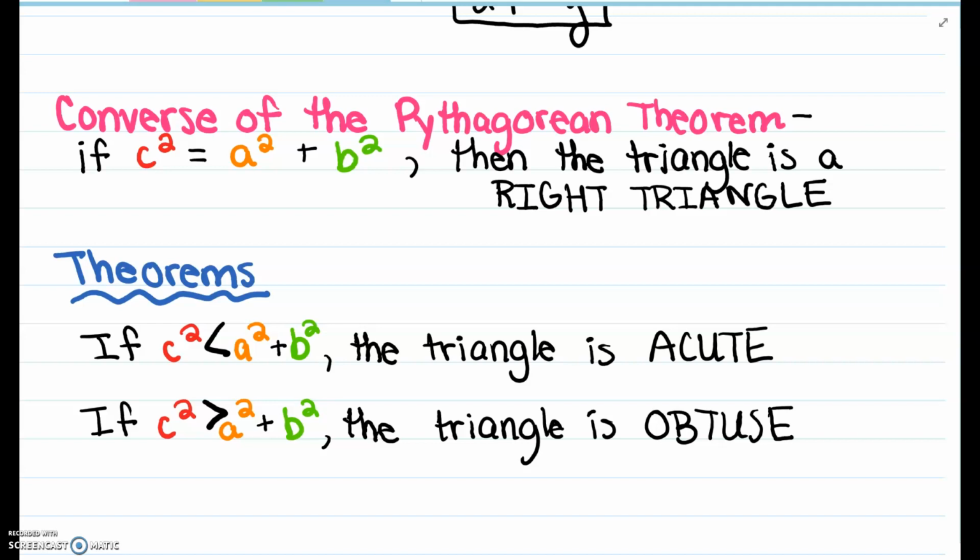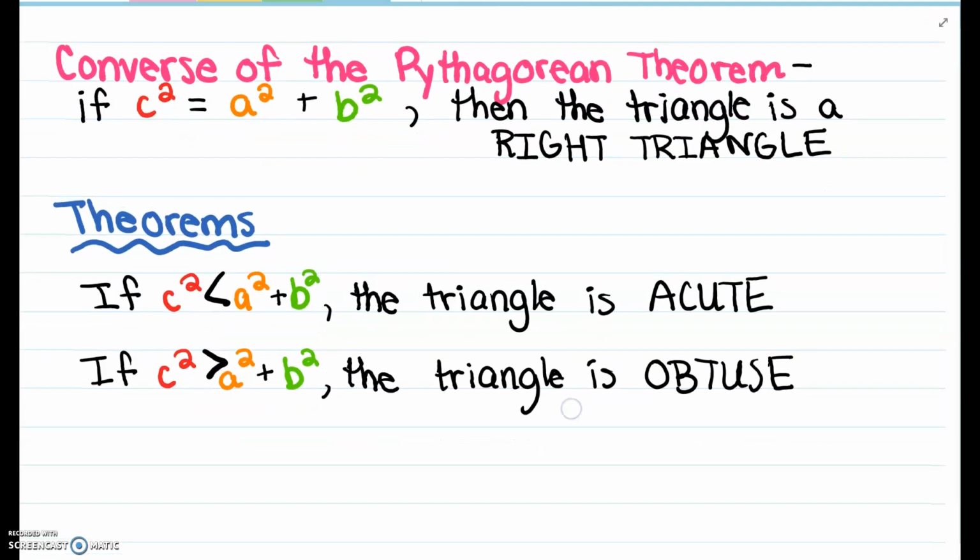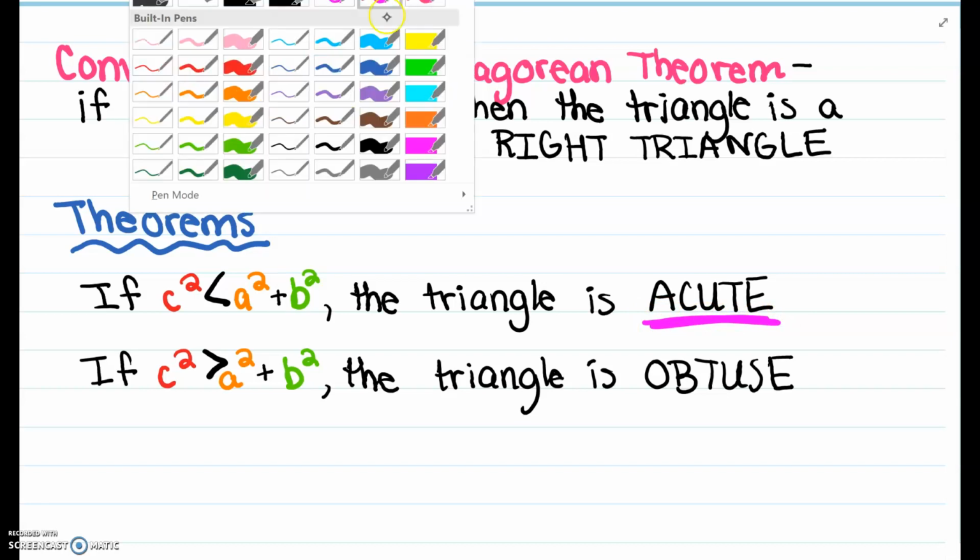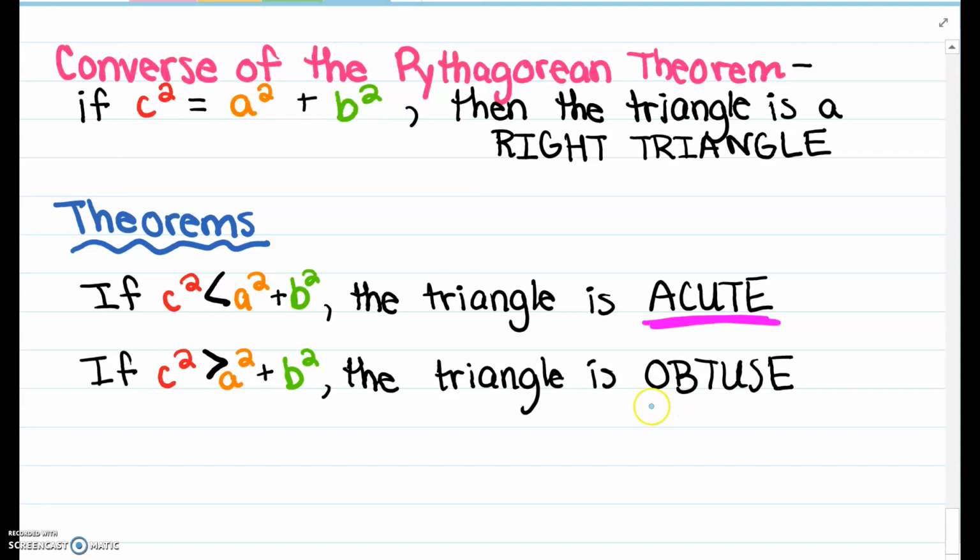We can also classify the triangle as obtuse or acute using the Pythagorean theorem. So the theorems are: if c squared is smaller than a squared plus b squared, the triangle is acute. If c squared is greater than a squared plus b squared, the triangle is obtuse.